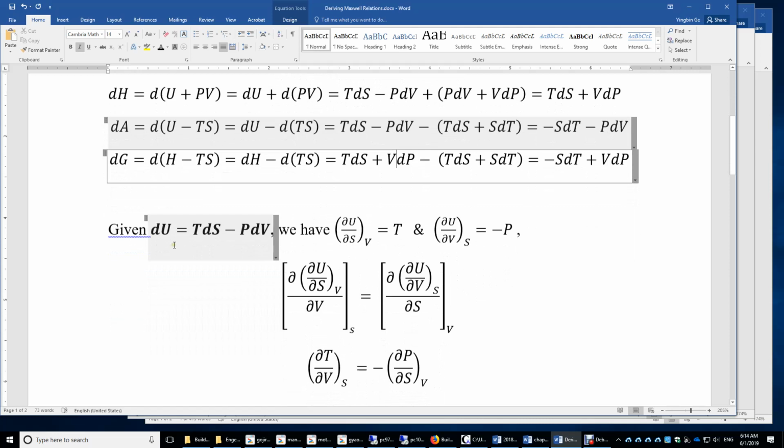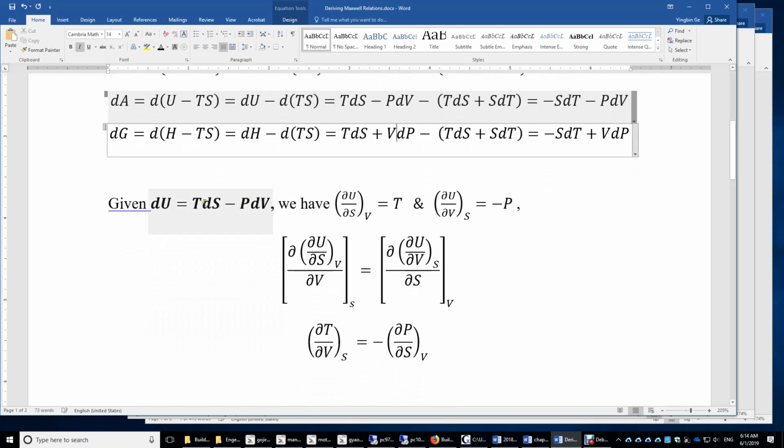First, dU equals negative PdV plus TdS, and then look at this equation. We know dU over dS equals T if V is constant, and it's here. dU over dS equals T if volume is constant.